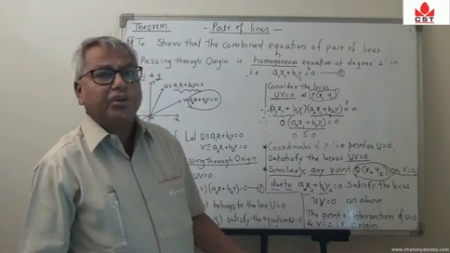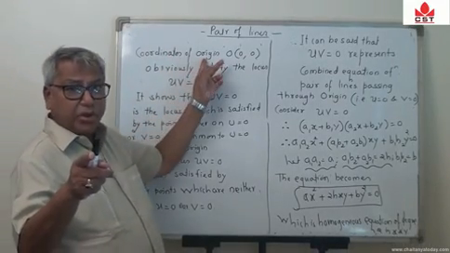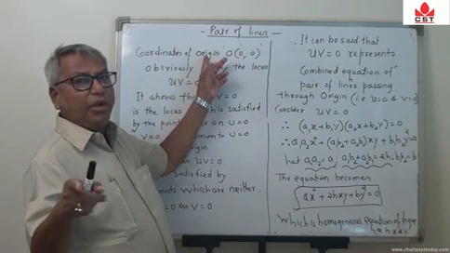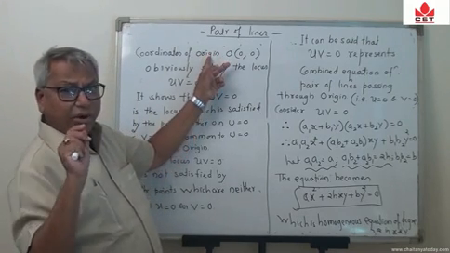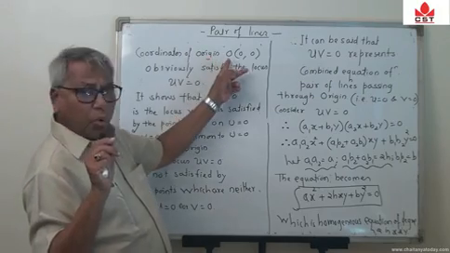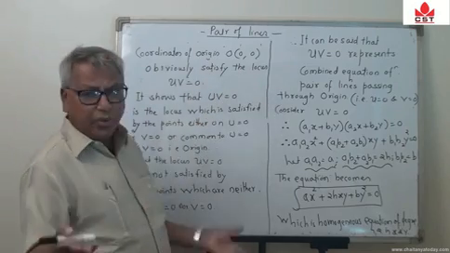It is the origin, the point of intersection of u equal to 0 and v equal to 0. That means the lines are passing through the origin. Now the origin is their common point of intersection, so O(0,0) obviously satisfies the locus uv equal to 0.